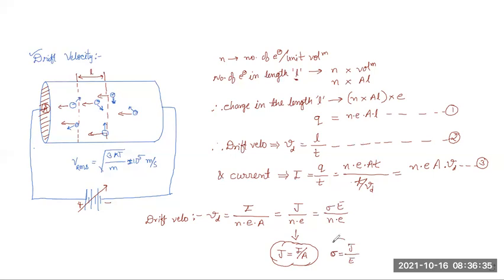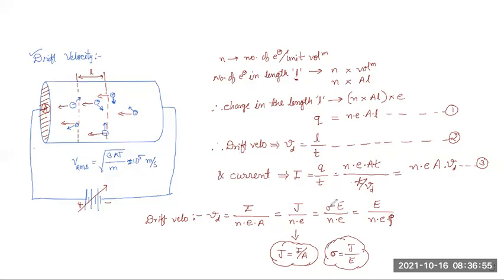So we can represent the same value of Vd in terms of these two parameters, as the field intensity E divided by Ne. Now I represent it as rho.